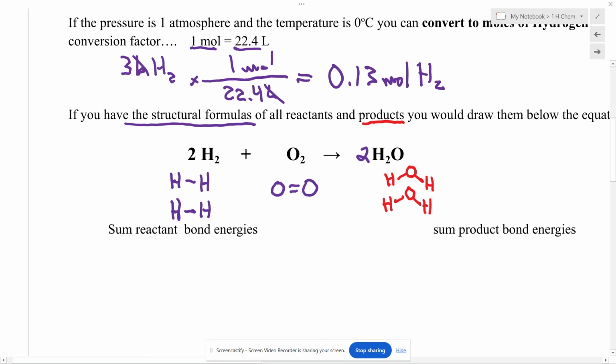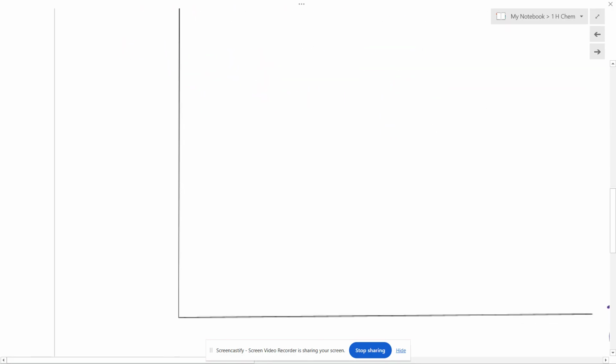Now, a lot of times we're going to be kind of just writing them here. Like I'm going to rewrite the reactants and the products. I'm going to put the products here in red. That was the hydrogen and hydrogen. Sorry, water and water. Hydrogen in water. There we go. Those are the products.